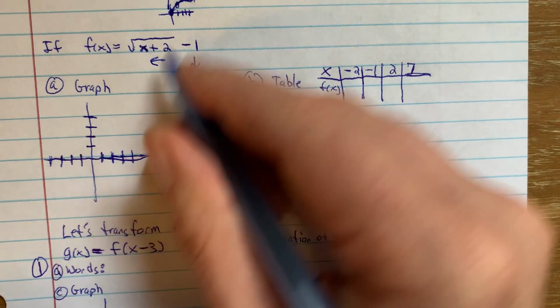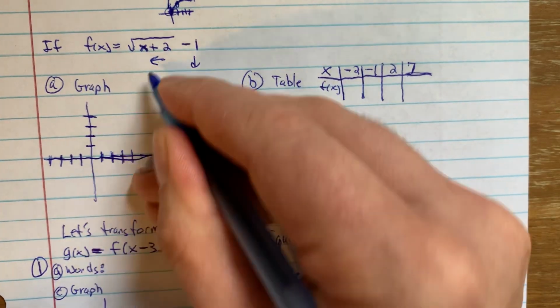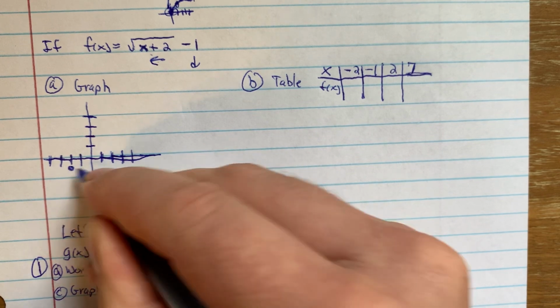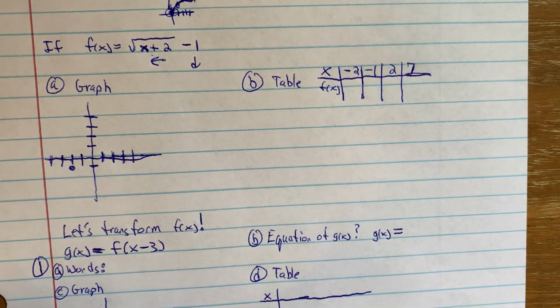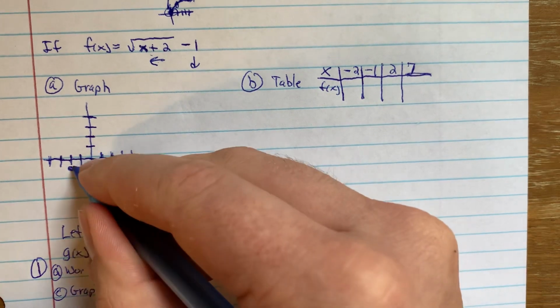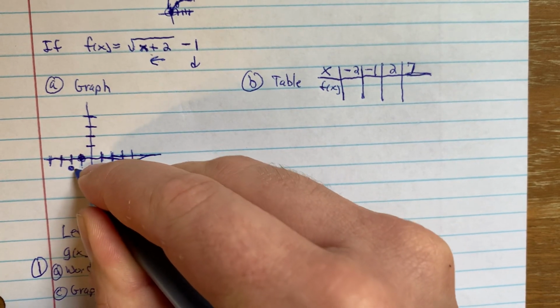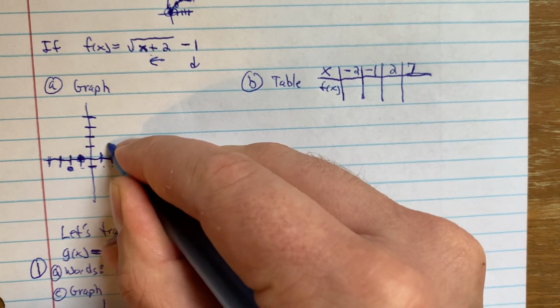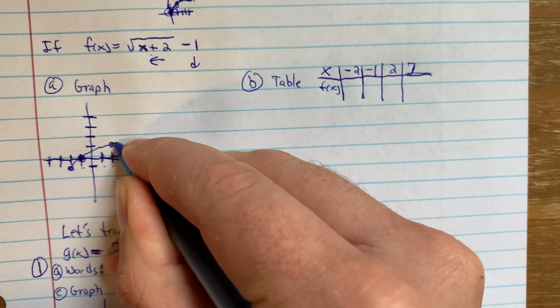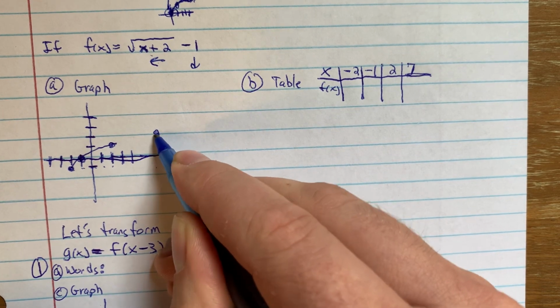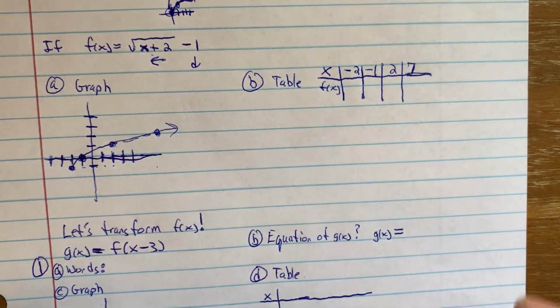So the vertex was at 0, 0. It's going to shift left by 2 and down by 1. The square root of 1 is 1, the square root of 4 is 2, and I guess I could go to 9. The square root of 9, that's kind of far over here, is 3. It ends up looking like this.